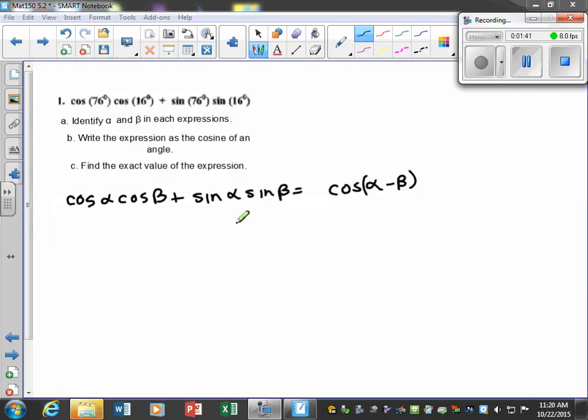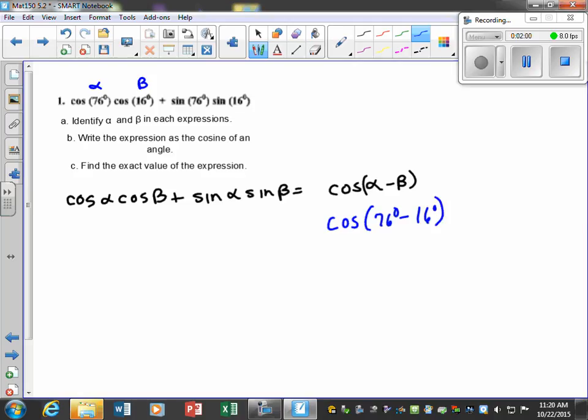I'm going to transfer that to our problem. Now the next thing I need to identify is the alpha and the beta. What does alpha equal in our particular problem? 76. And what about beta? 16. So cosine of alpha minus beta simplifies to cosine of 60 degrees.